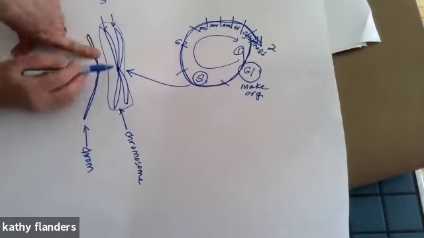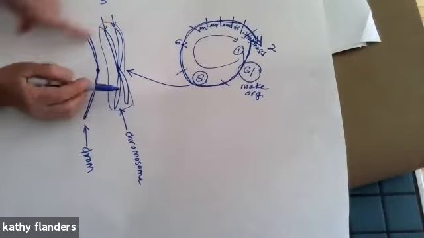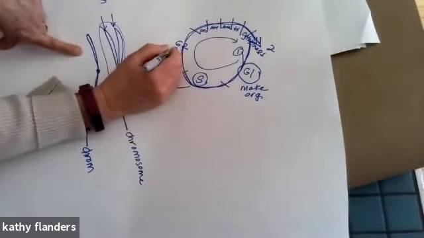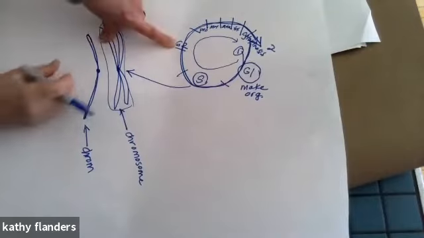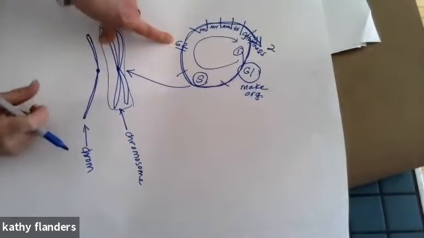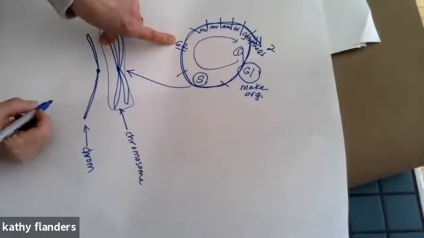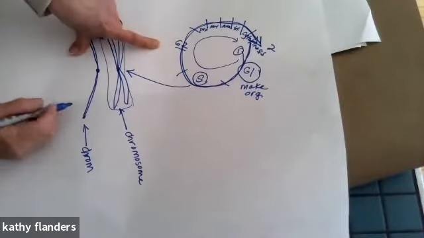Okay, so now I've got my chromosomes looking like this. What happens in G2? We're doing all the rest of the stuff that gets our cell ready. We may need some more proteins. We know we have to make a lot of proteins in our cell.